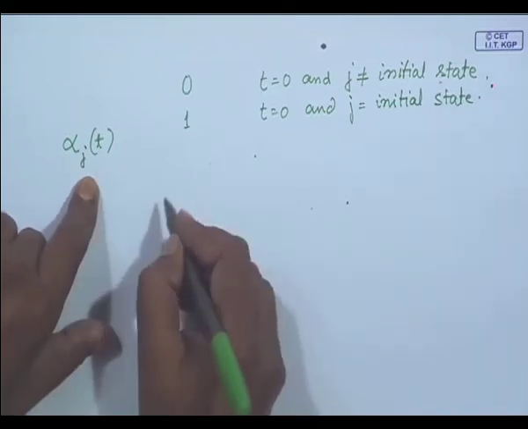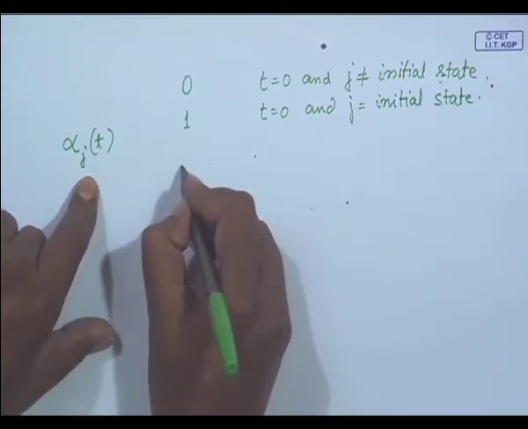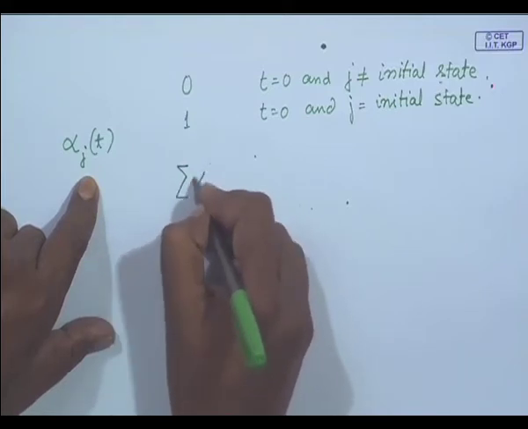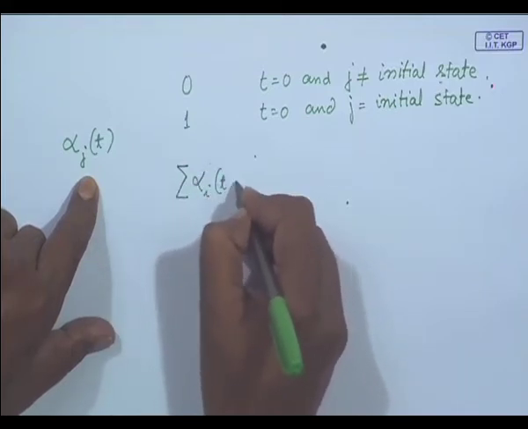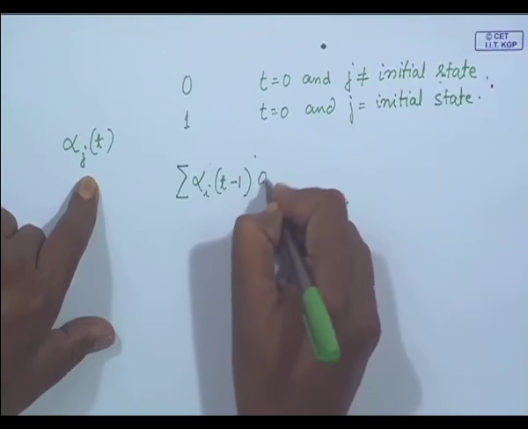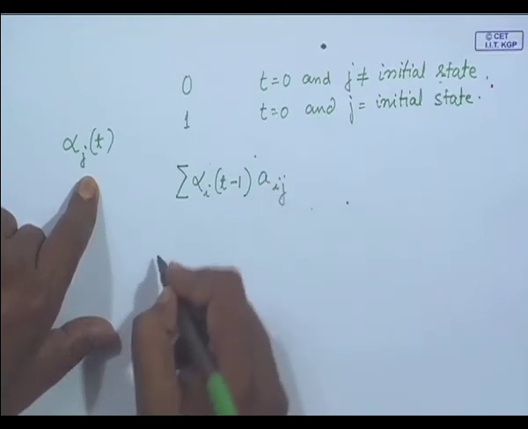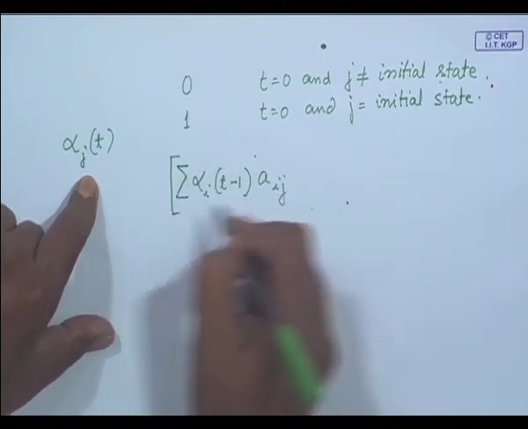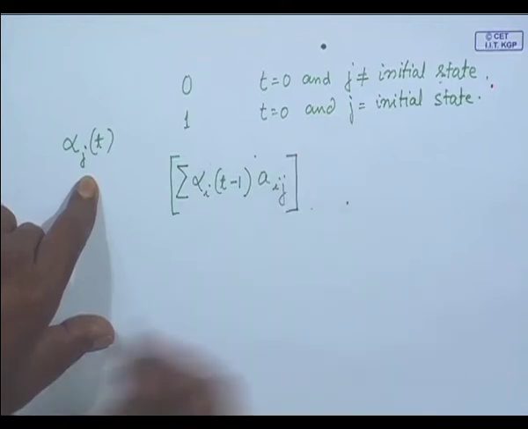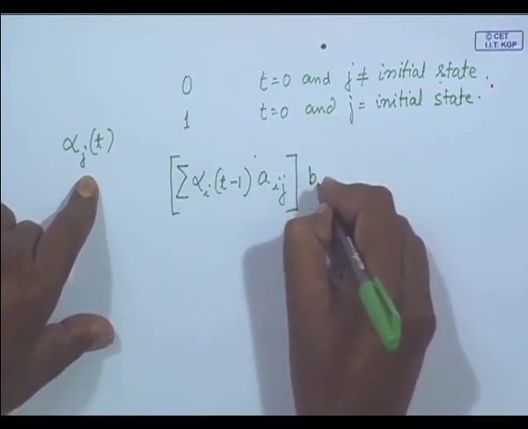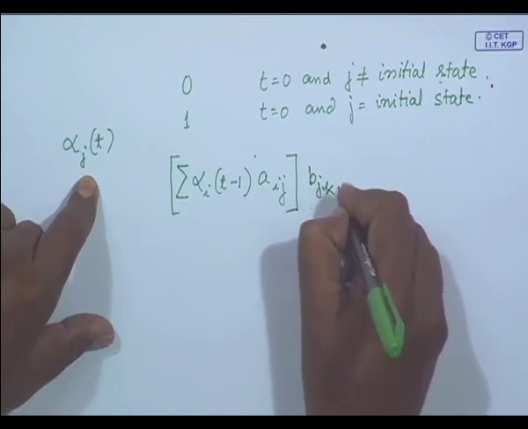Otherwise, I define this alpha j t as the sum of alpha i t minus 1 into a i j into b j k v t.